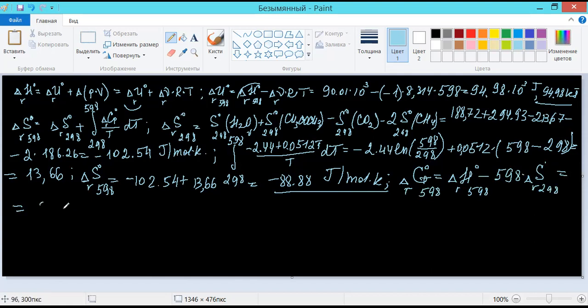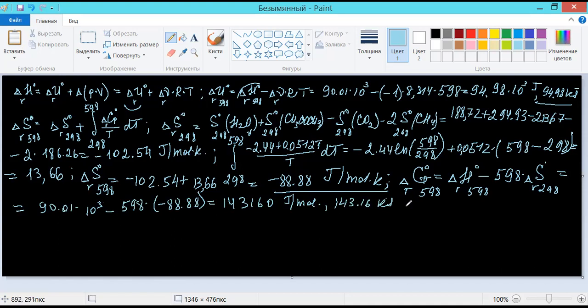It's 90.01 minus, so that gives joules per mole, or 143.16 kilojoules per mole.